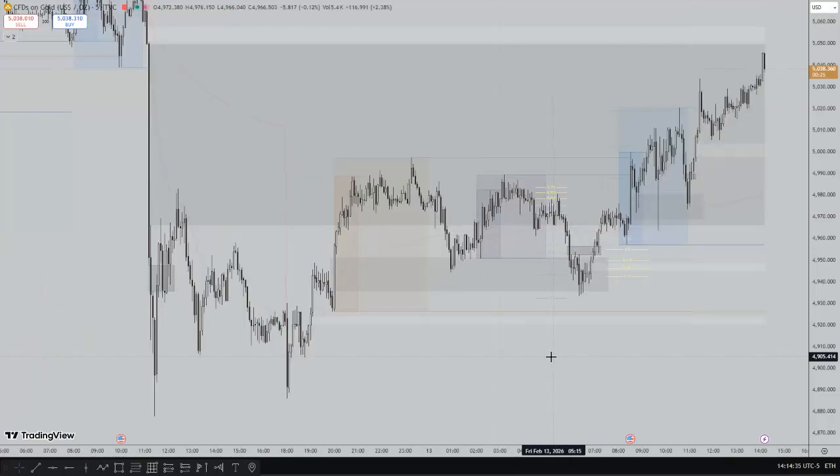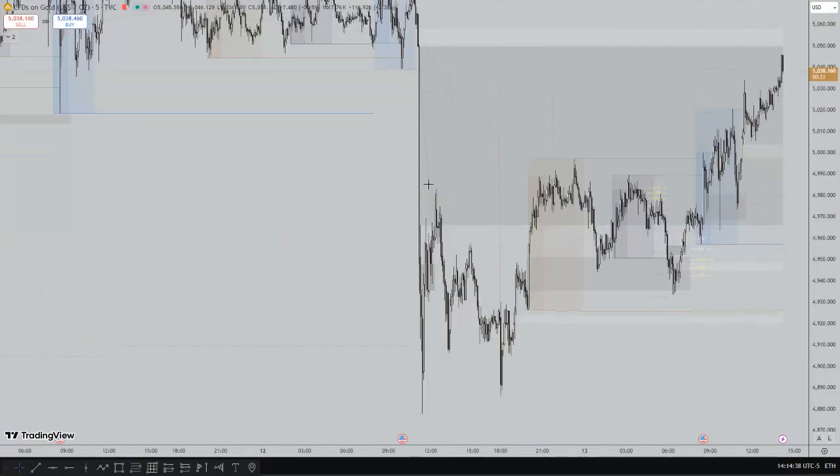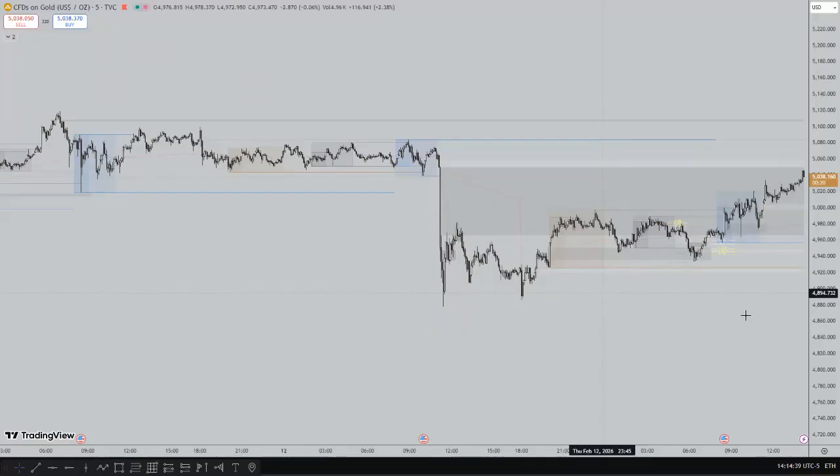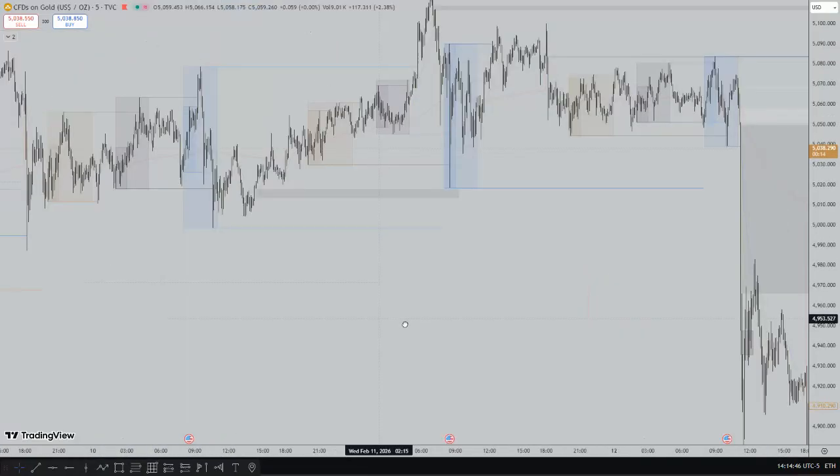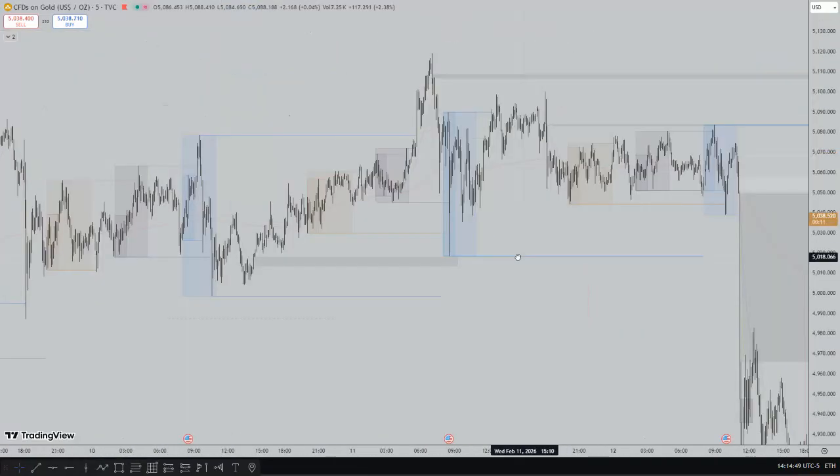So yeah, that's basically this whole week broken down with this indicator. And it was a real choppy week, so I could go back more in time, like in the beginning of January, it was running a lot more smooth, you know.